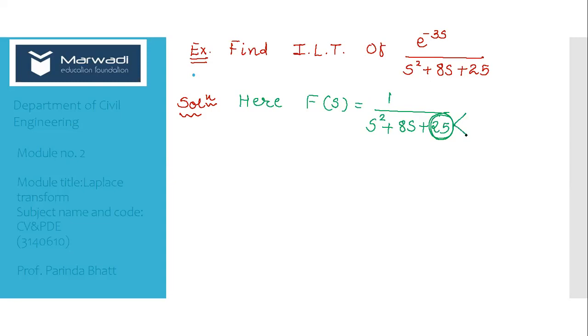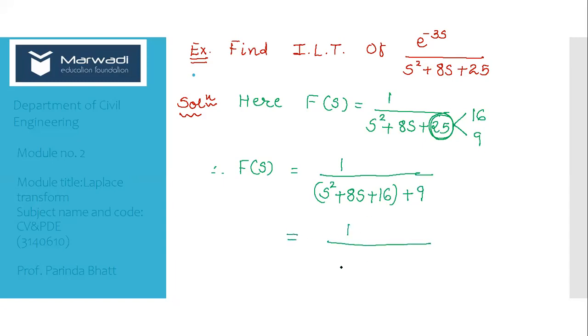Yes, Kinjal, good. 16 and 9, right? Therefore, f of s is equal to 1 by s square plus 8s. We convert into a perfect square. Therefore, the last term is 16 and 9 is remaining. Therefore, we can write s plus 4 whole square plus 3 square.